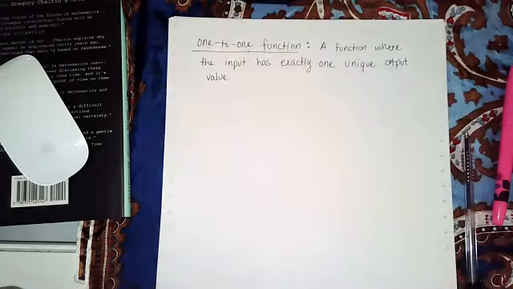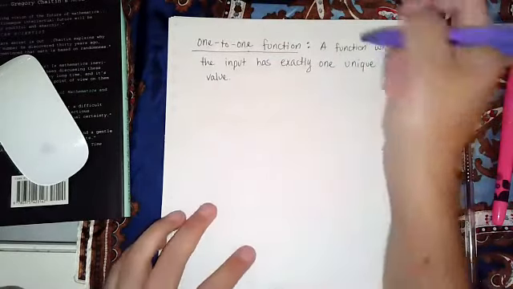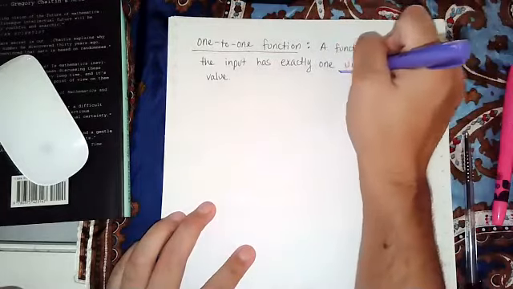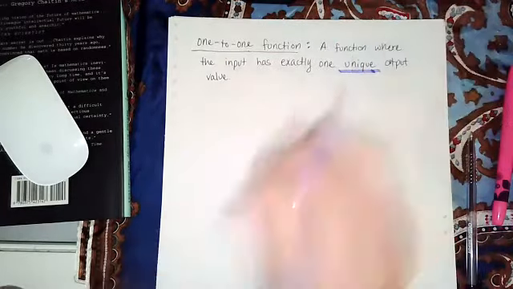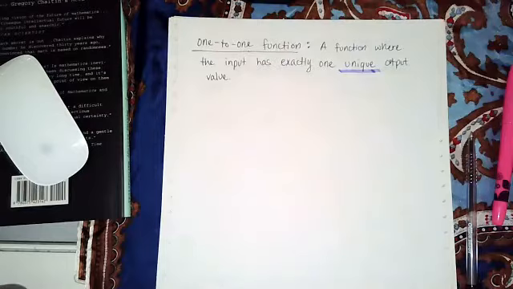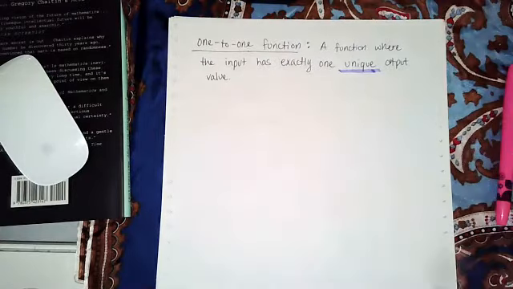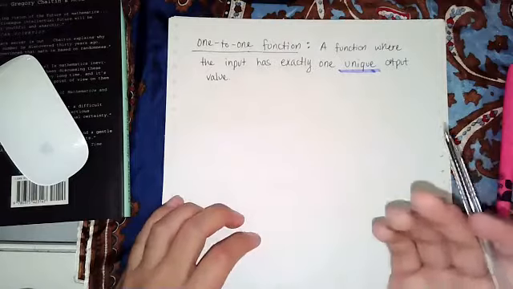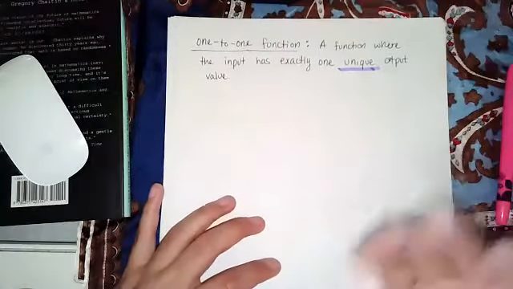And the important thing to differentiate this from just any ordinary function is that the output is unique. That is, if that y value already belongs to a particular x value, then it cannot belong to another x value.